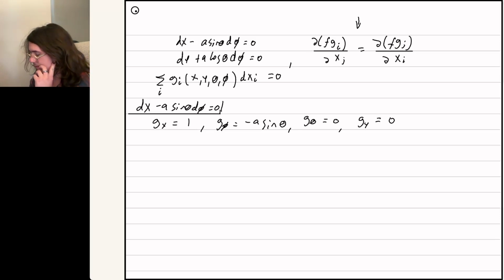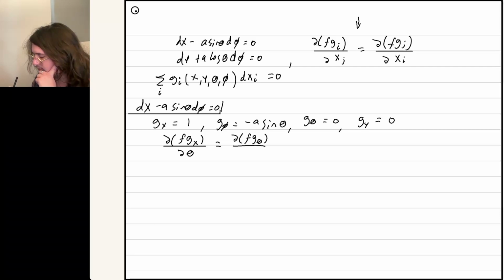So let's get into it. Let's look in particular at del f gx with respect to theta, which, if it's holonomic, will be equal to del f g theta with respect to x.